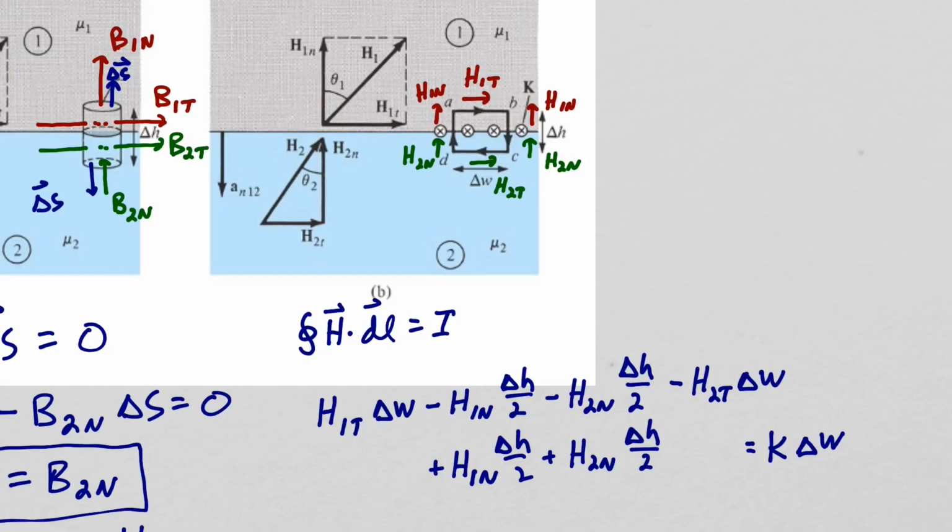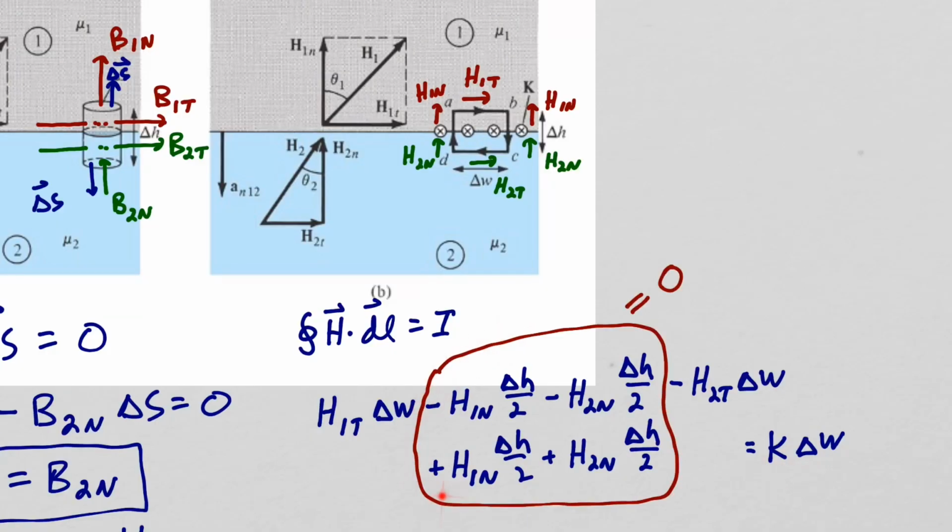We defined our surface current density as flowing into the page, so if you put the fingers of your right hand in the direction of our integration, this clockwise direction, your right thumb points into the page. So the current inside our Amperian loop that is flowing into the page is K times delta W. So these terms sum to 0.